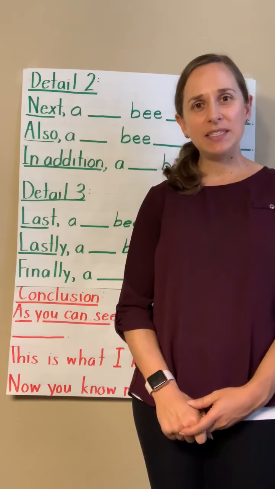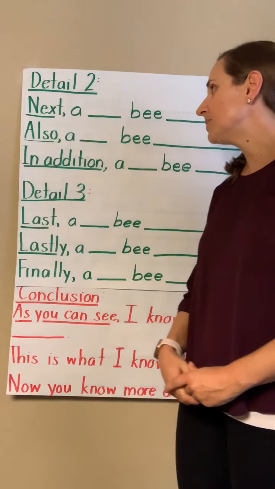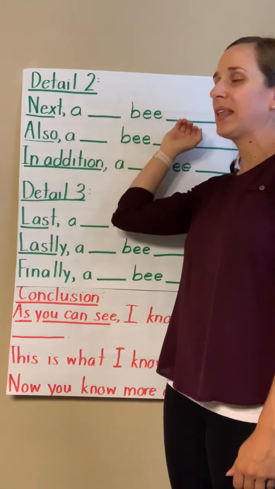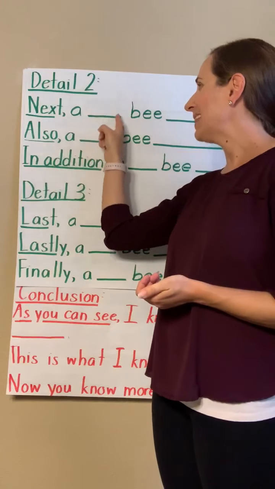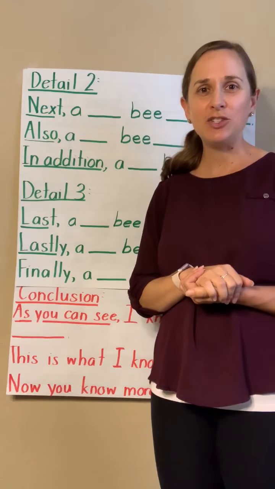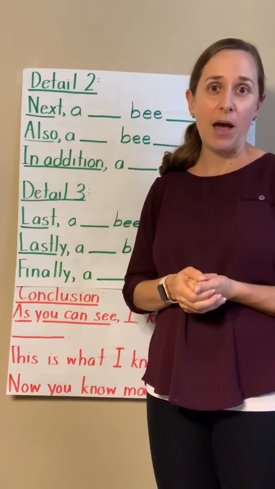So let's go over the sentence starters that they can choose for detail 2. Students might choose to say next, a blank bee, and then another blank. So students are going to make sure they write the type of bee that they haven't written about after A. So if yesterday they wrote about a worker bee, now they might want to write about a queen bee.